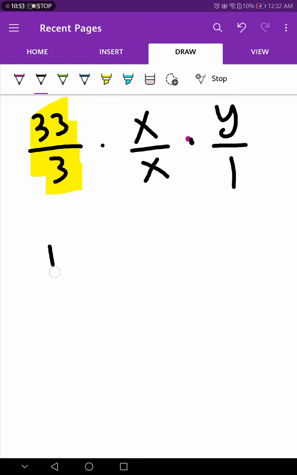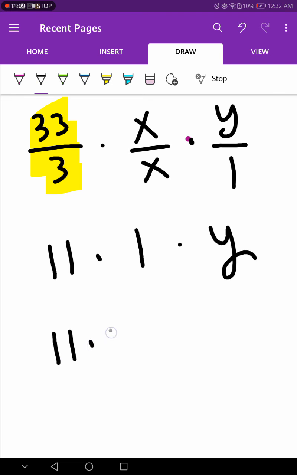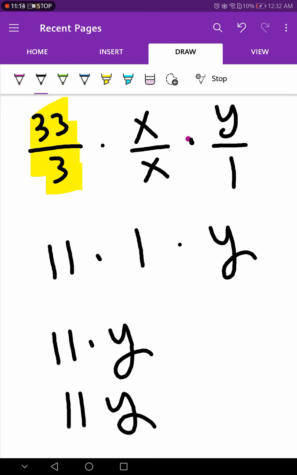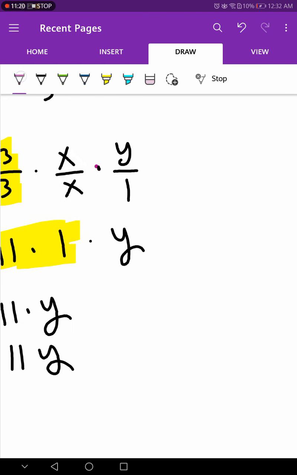It is 11, because it's 33 divided by 3. Multiply x over x equals 1, multiply by y over 1, sorry. So 11 by 1 equals 11 multiply y, or 11y. When I see multiply by y over 1, it is identity property of multiplication.